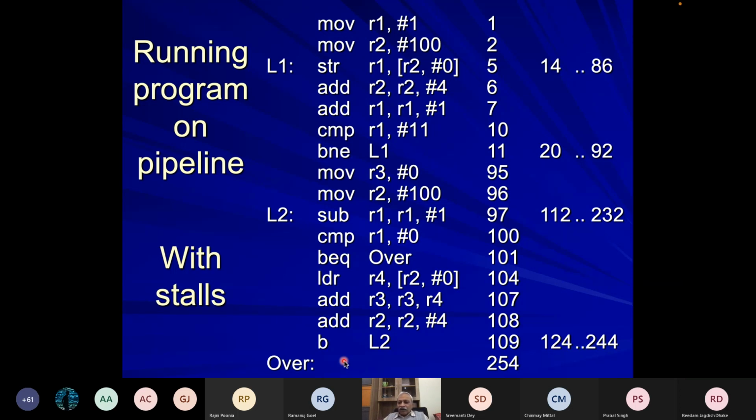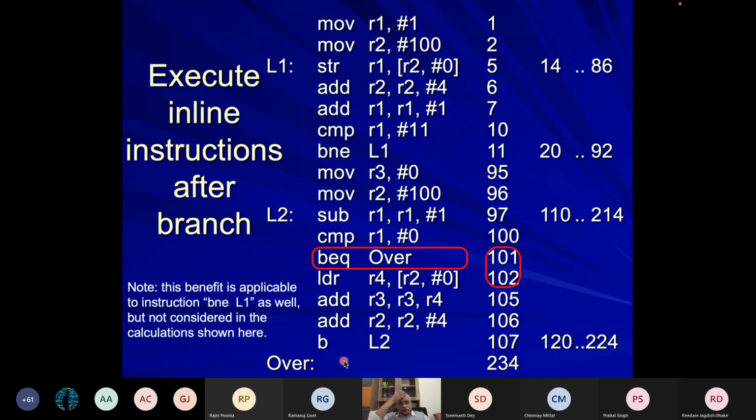Now let's try to cut down these delays by some of the techniques we have used. So you can see the dependence there. Okay, there is a delay due to data dependence at these points. So now the first thing I'm doing is that if I execute inline instructions after the branch, then some improvement would happen.